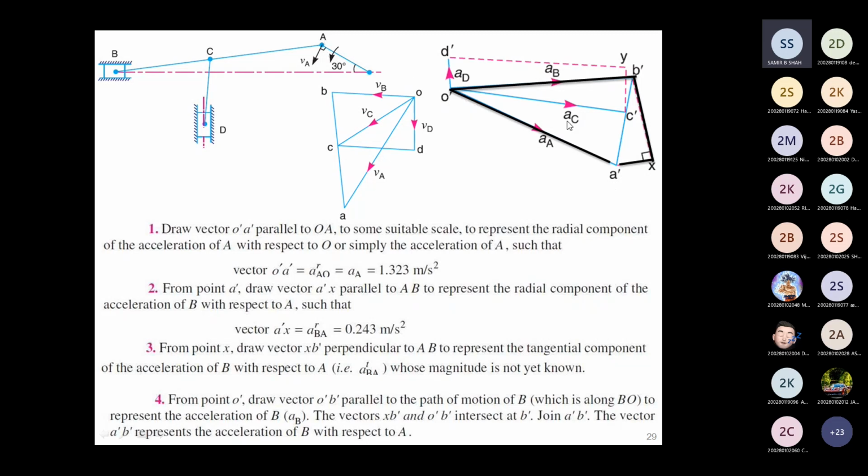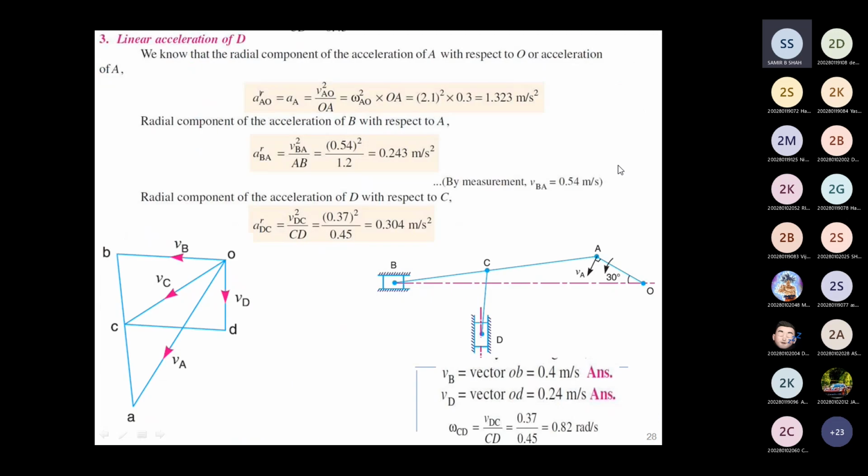whose radial part is parallel to the space diagram as I discussed earlier, and whose value is 1.323. If you take this scale of 0.1 meter per second square is equal to 1 centimeter or 0.5 centimeter, then 1.323 may be near to above 5 centimeter. That depends on your scale.